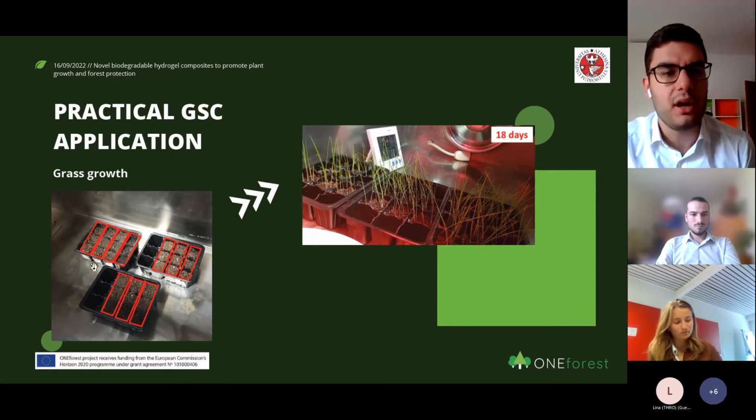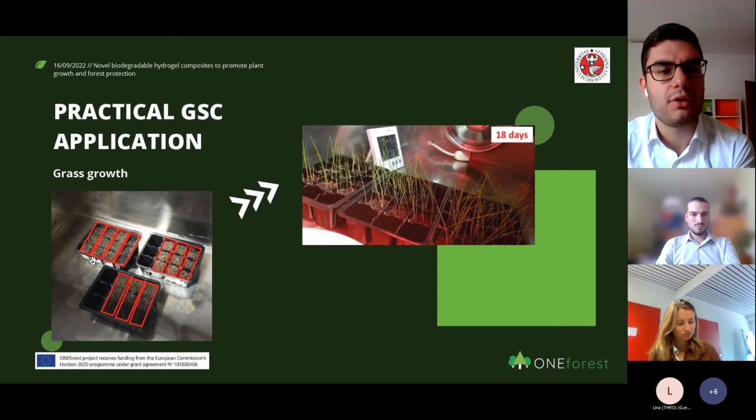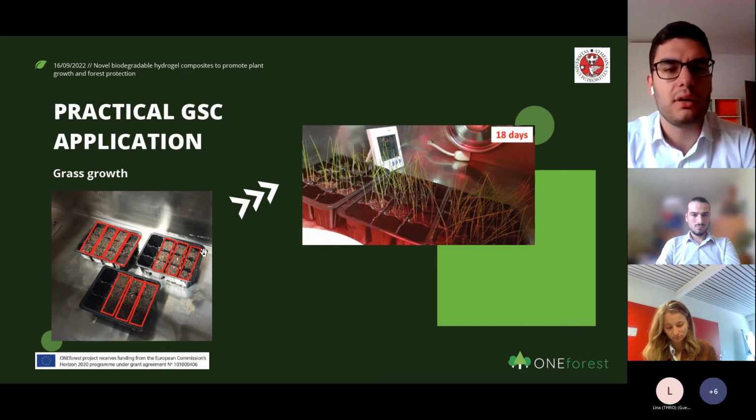As you can see from this figure, each column stands for a particular composition of soil conditioner plus soil. In each pot, we planted the same amount of grass seeds, and we evaluated the growth of the plant under controlled conditions.